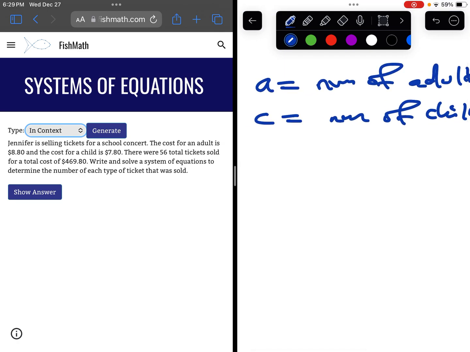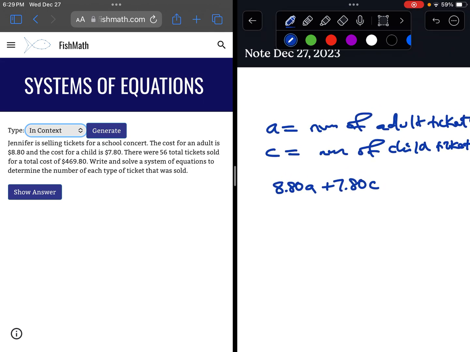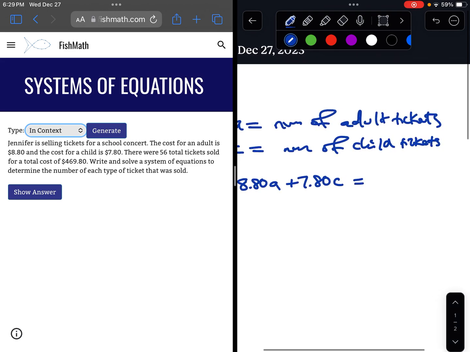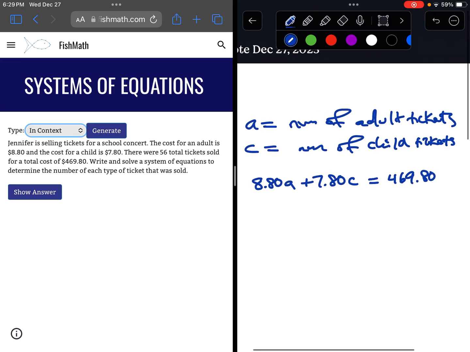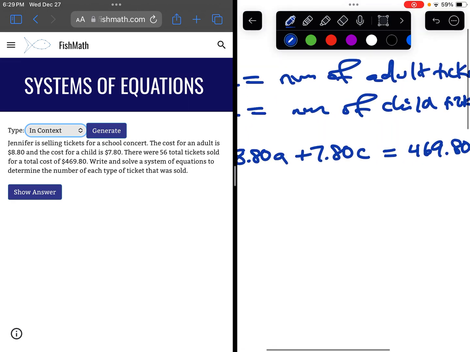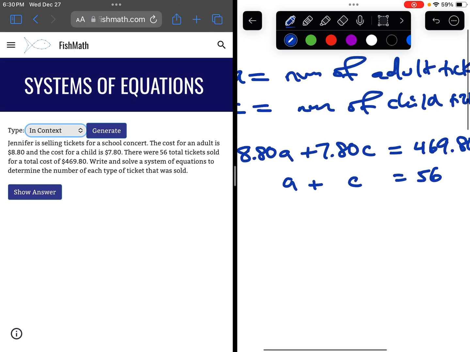Adult ticket is $8.80 for every adult plus $7.80 for every child. This is our money equation, and it equals the total money, $469.80. That's all money. And the other equation is all about the 56. There's 56 total tickets, so adults plus the children's tickets equals 56.